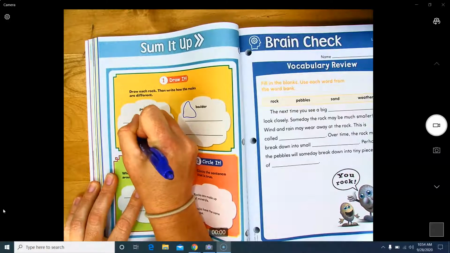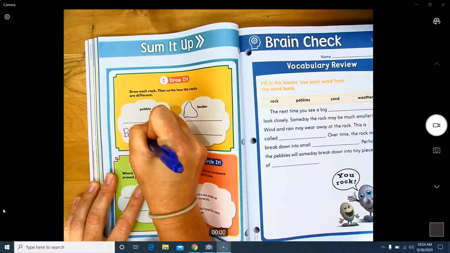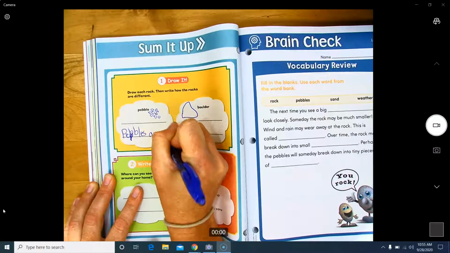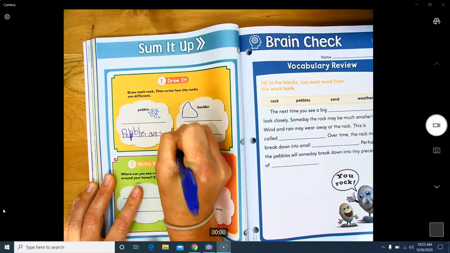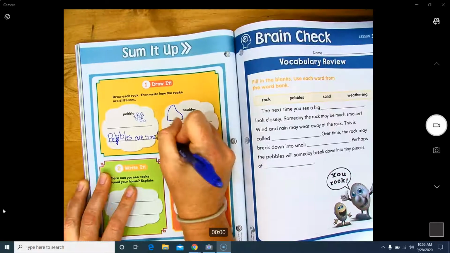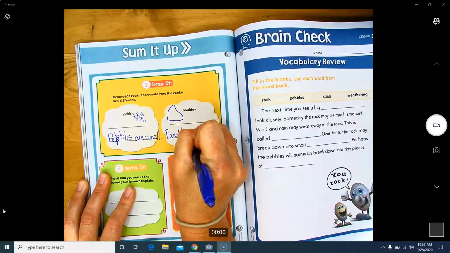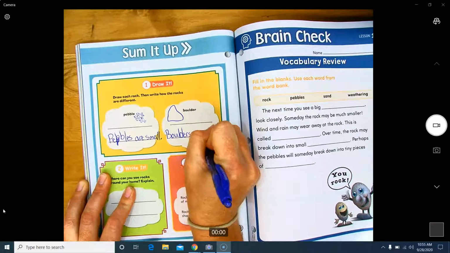Pebbles are small, right? And boulders are large.